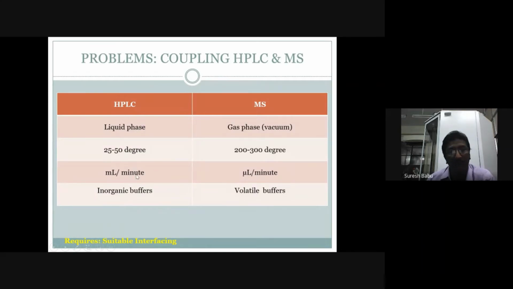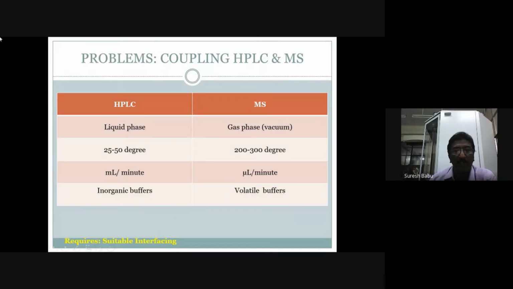And the flow output of the HPLC is in ml per minute range, but MS needs only microliter per minute. Also in LC we use inorganic buffers, but MS requires volatile buffers. So there is a problem for coupling these two techniques.